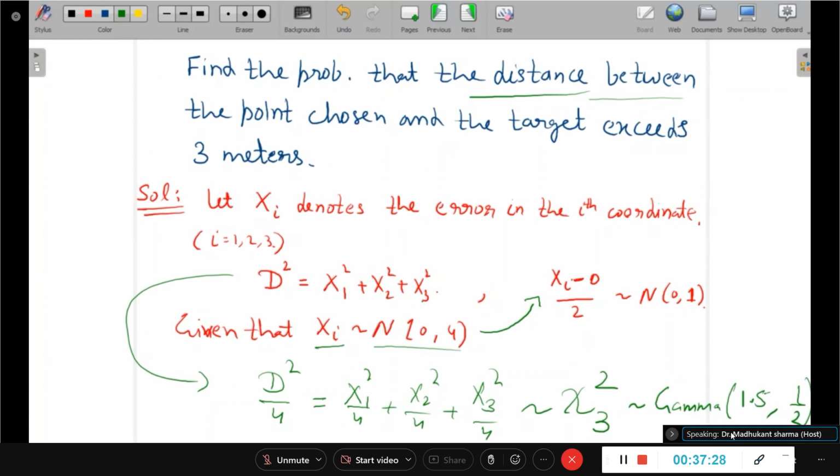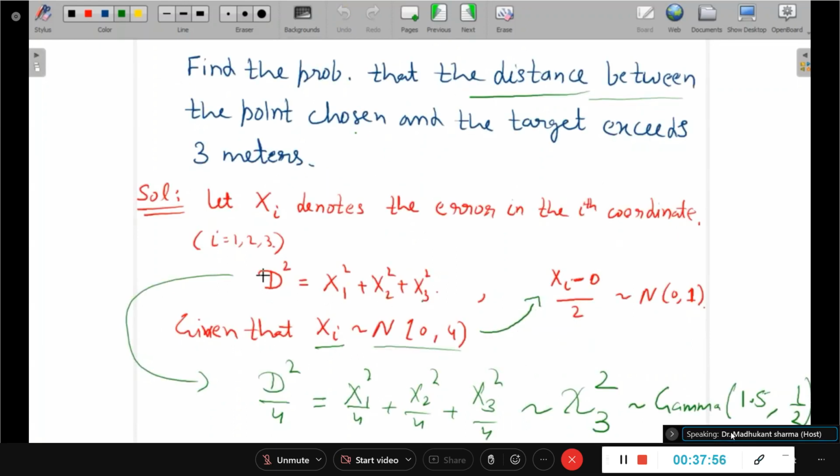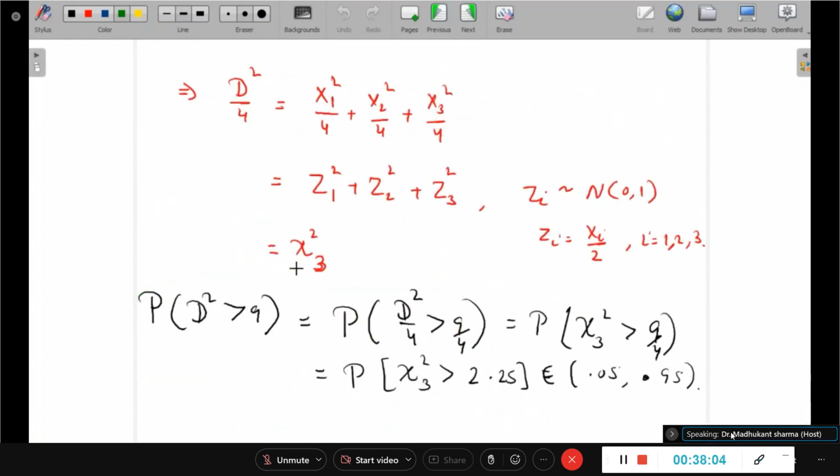Now what you are interested in is the probability that the distance between the point chosen and the target exceeds 3 meters. So we are interested in D squared being greater than 9, since the distance is 3, so squared it is 9.